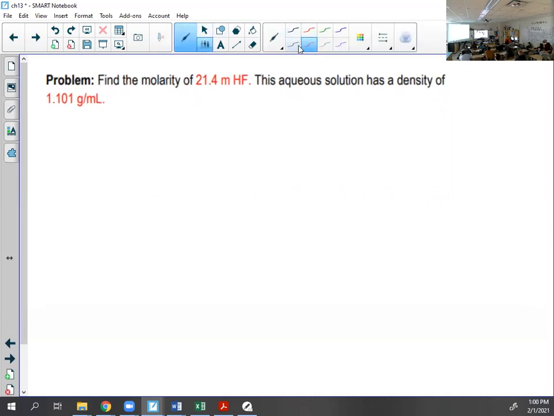So the first step you need to do is always assume 1 kilogram of solvent. We're going the reverse now. This is your molal. We're solving for molarity. So this is the reverse.